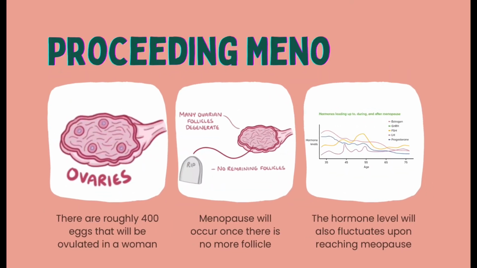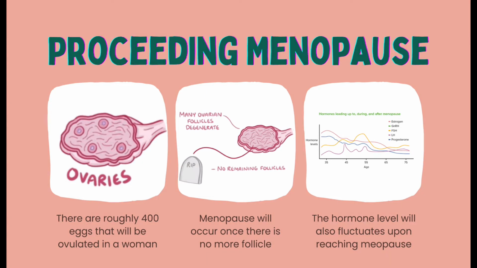And now we will be proceeding into menopause. As we all know, there are roughly 400 eggs or ovum that will be ovulated in a woman's lifetime. Over time, the ovarian follicles will degenerate and become less sensitive towards FSH and LH. Menopause will then occur once there are no more follicles left, as menstrual cycles do not take place.